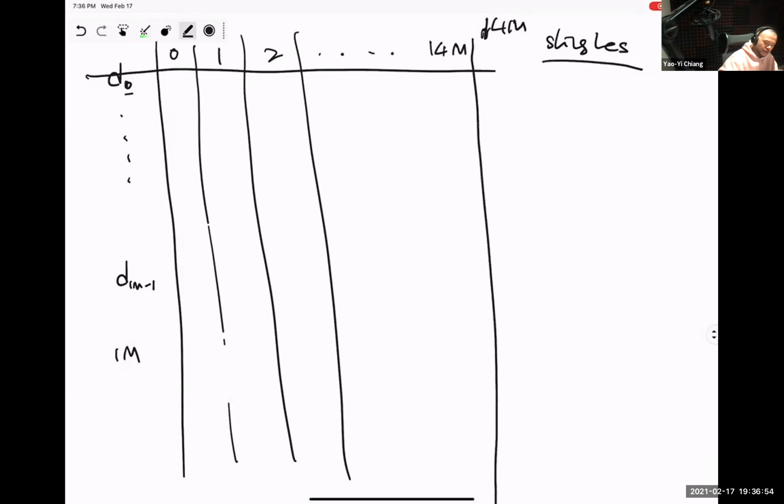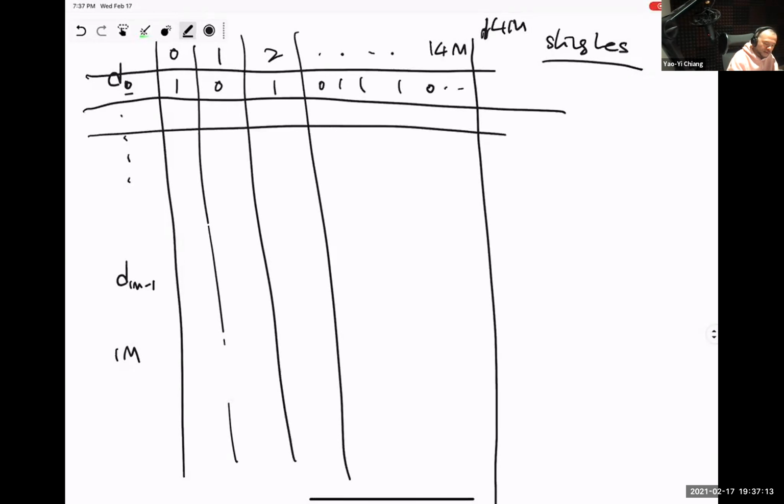And you say, okay, document 0, which shingle do you have? Document 0 says I have shingle number 0. I do not have shingle number 1. I do have shingle number 2. Document 1 says I do not have shingle number 0. I have 1, and so on. Okay, you get the idea. So this is how we would be able to generate this huge matrix storing all the shingles for each document.